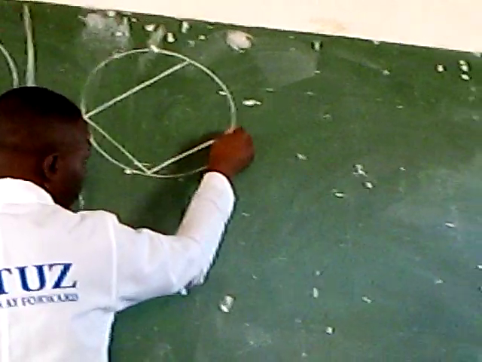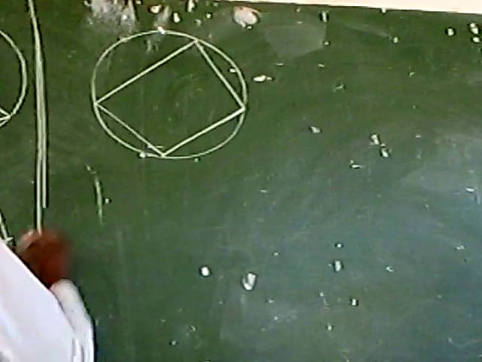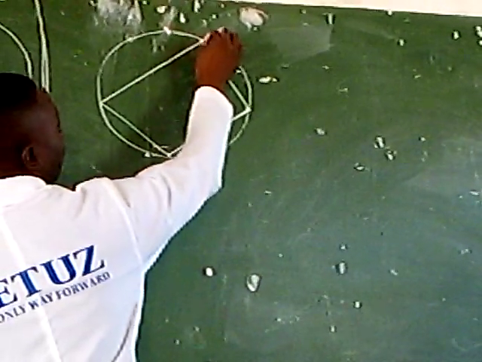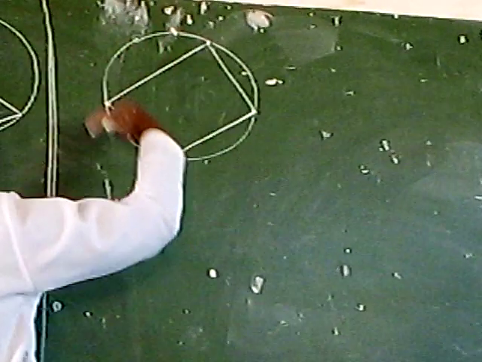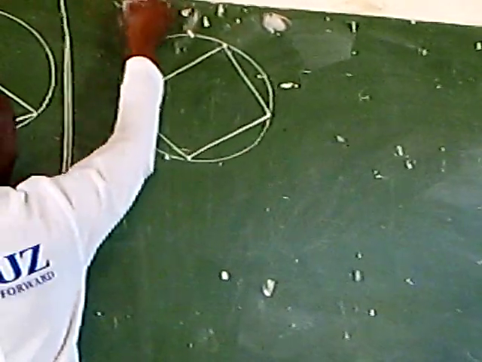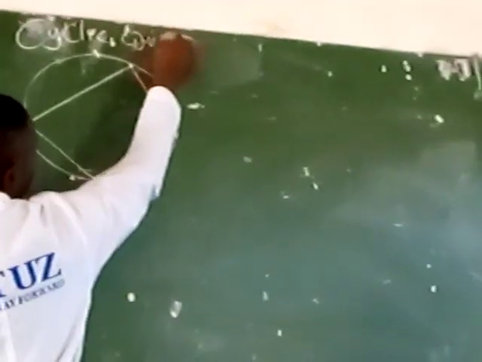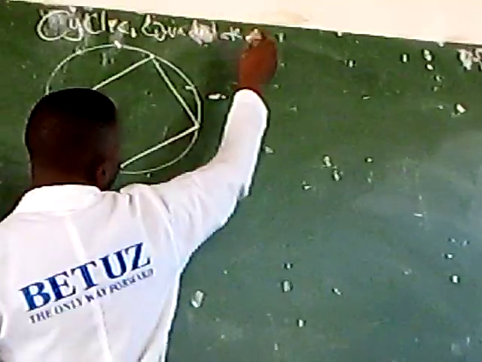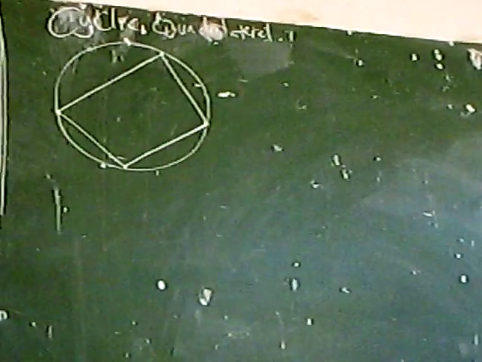A 4-sided polygon, a quadrilateral, and we are seeing that its corners are referred to as the vertices. So these vertices are right on the circumference of this particular circle. Such a quadrilateral is referred to as a cyclic quadrilateral. Check out. Very important.